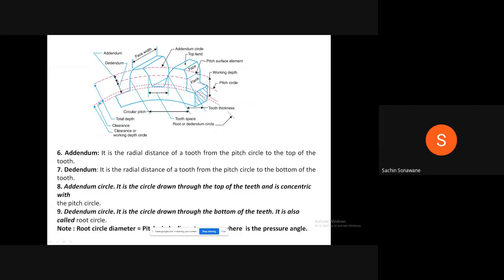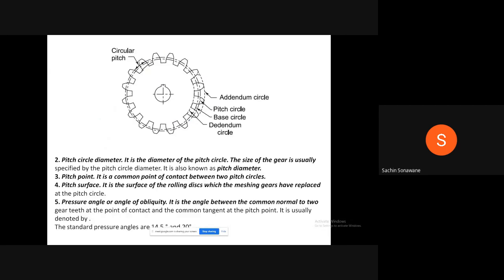Therefore, what is the definition of pitch surface? It is the surface of the rolling discs which the meshing gears have replaced at the pitch circle. That is nothing but pitch surface.